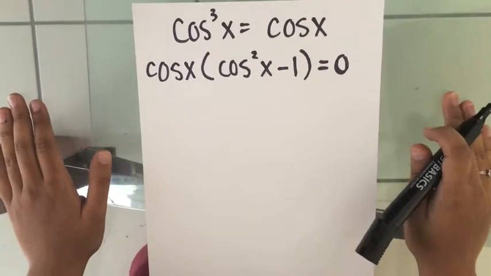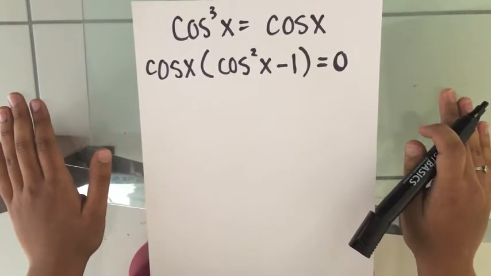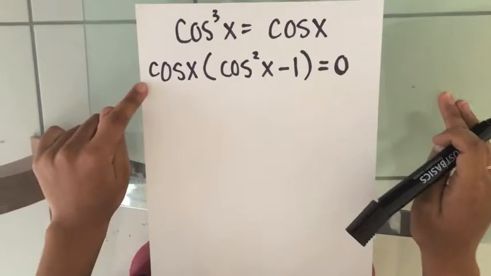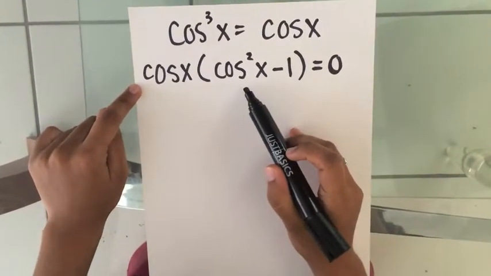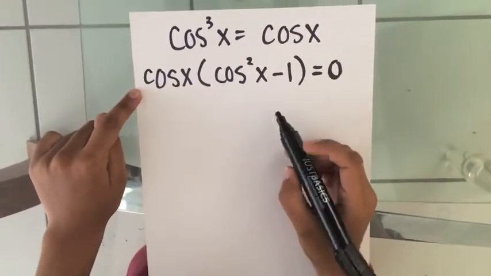Let's start with this equation. Cos cubed x is equal to cos x. You will factor out a cos x, and then that will leave us with cos squared x minus 1 is equal to 0.